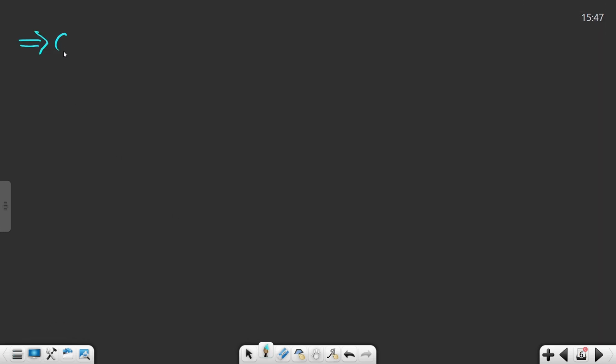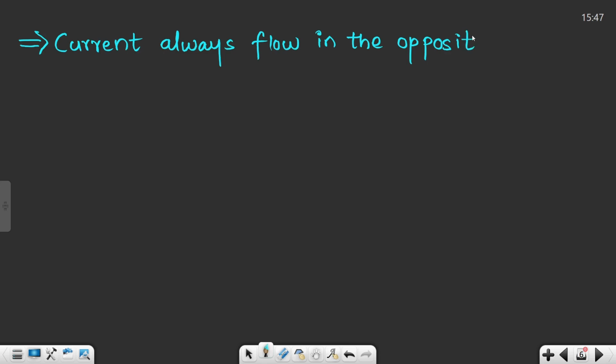This is the most important point. Current always flows in the opposite direction of electrons.